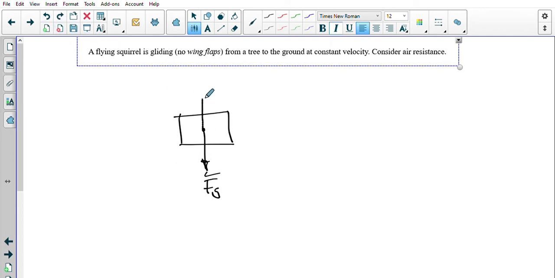Let's call this F air. Now, what's the situation here? Well, we can have a situation where F air is equal to Fg. And this is what we would call terminal velocity.